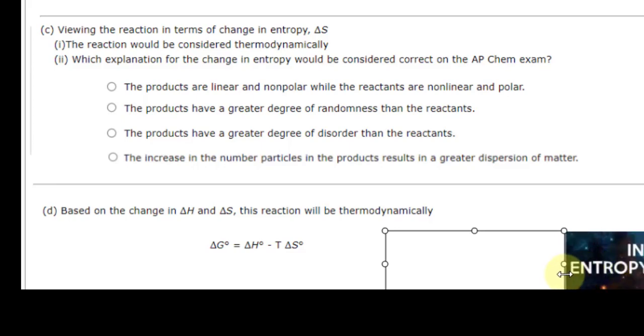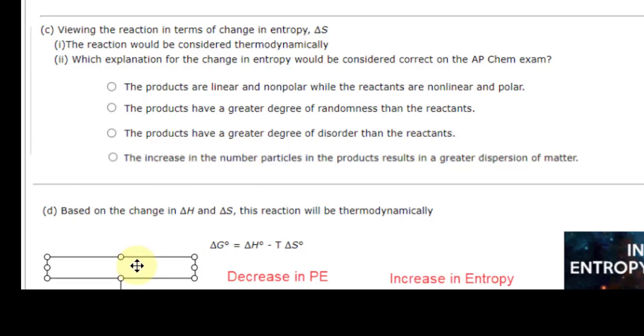With entropy increasing, we've got our potential energy decreasing. We get a negative from the change in enthalpy, and we get a negative because of the subtraction, because of the increase in entropy. So this reaction will be thermodynamically favored because we have both factors, enthalpy and entropy, going for it.